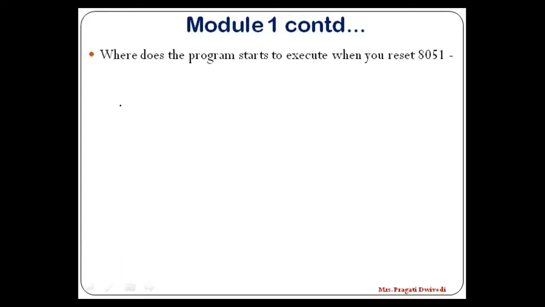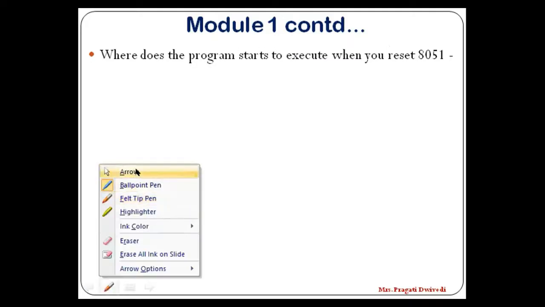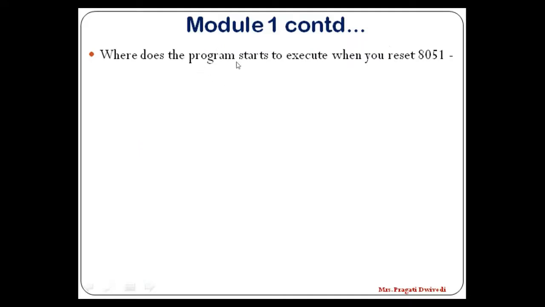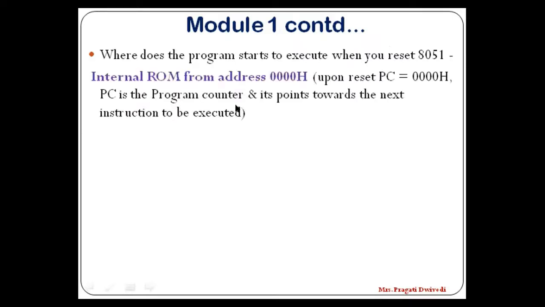Okay, very important question. Where does your program start to execute when you reset 8051? You saw you have internal ROM, and you can connect external ROM. So where exactly is your program going to start? Your program is going to start from internal ROM, and that too from address 000. Why?